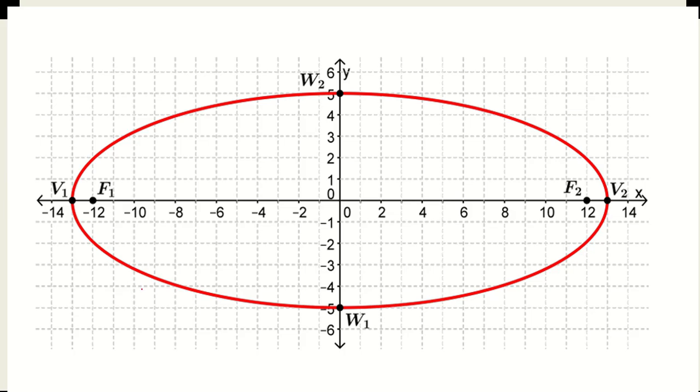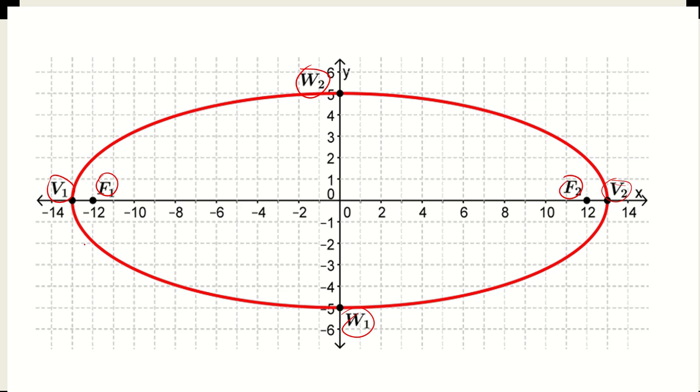You can see that V sub 1 for the vertices is located here, then V sub 2, and then our co-vertices W2 and W1, and F1 and F2 are the points of the foci. You need to label them carefully so that we will know that these points located in the Cartesian plane are identified as the vertices, co-vertices, and lastly the foci.